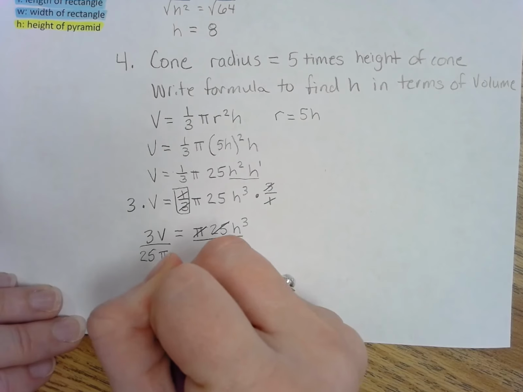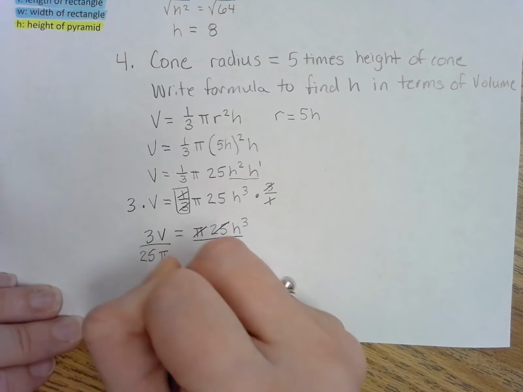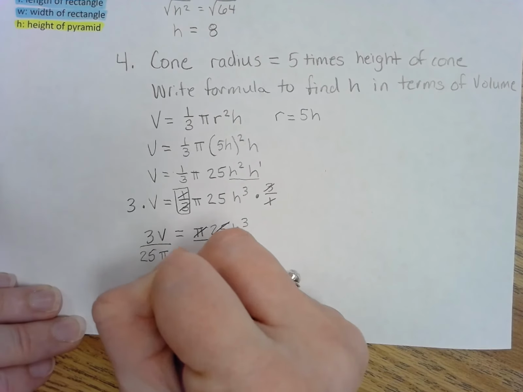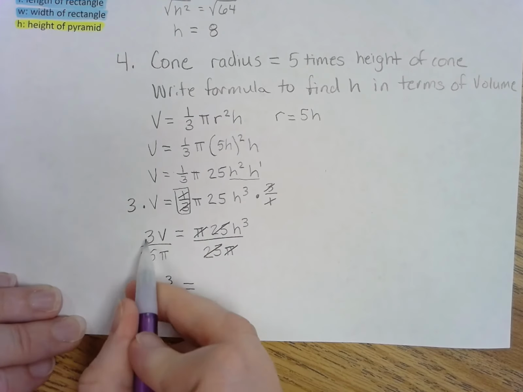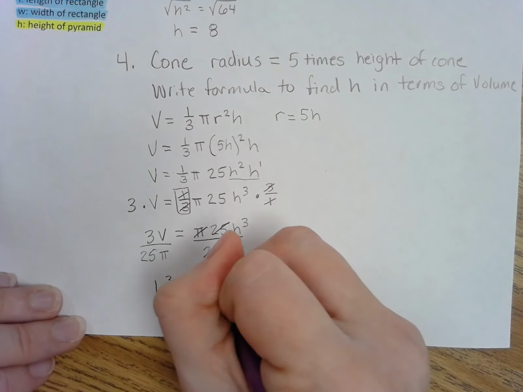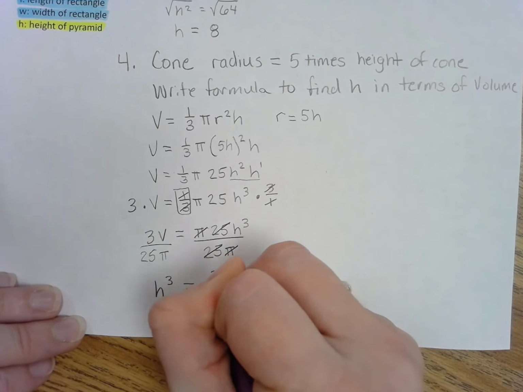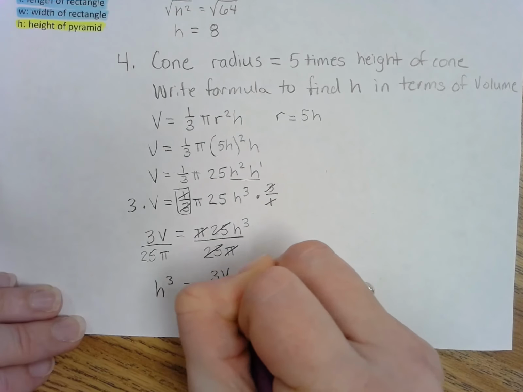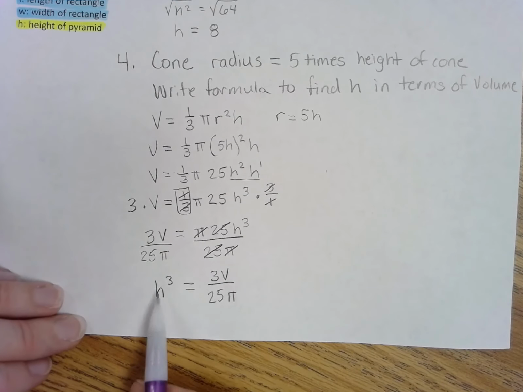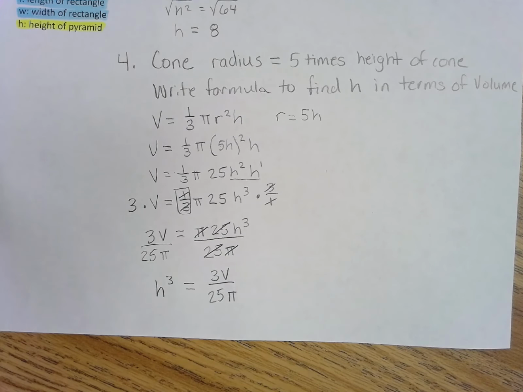So actually we have h cubed, let me just flip this around, h cubed equals 3v over 25 pi. That's just what it is. So our final thing to get h by itself, because it has an exponent of a cubed power, we can undo that by taking the cube root.